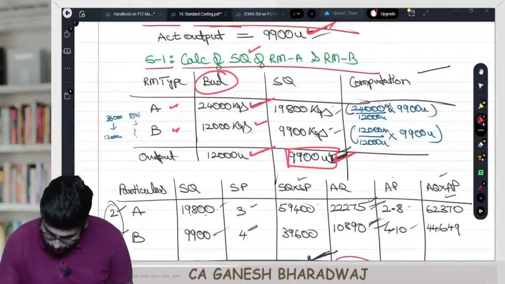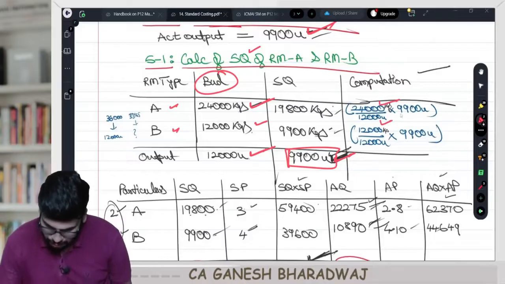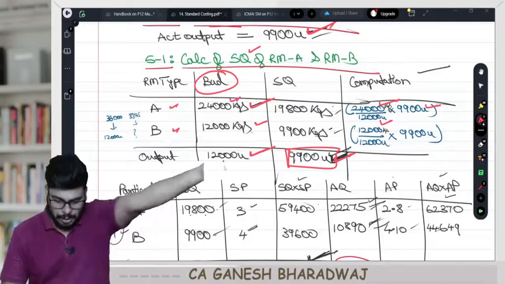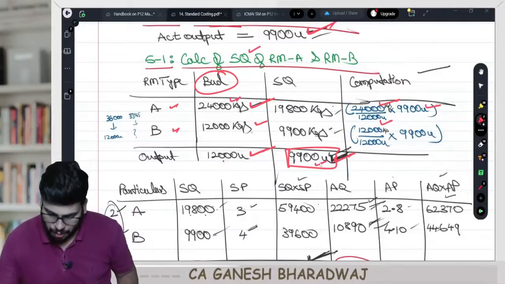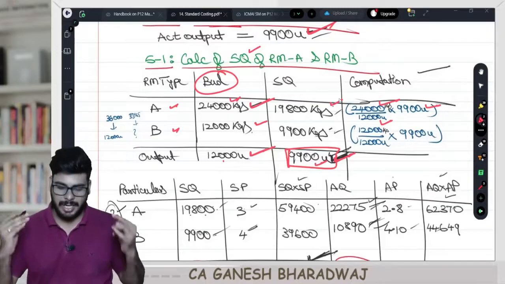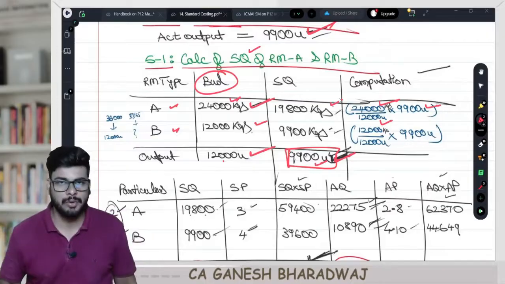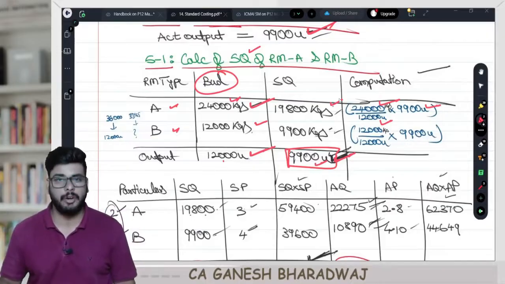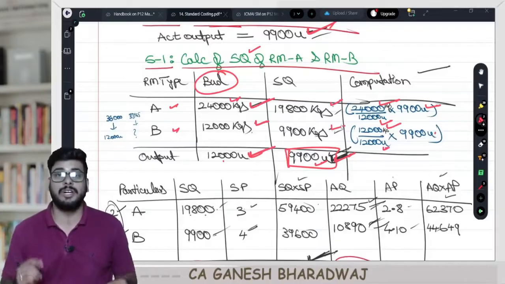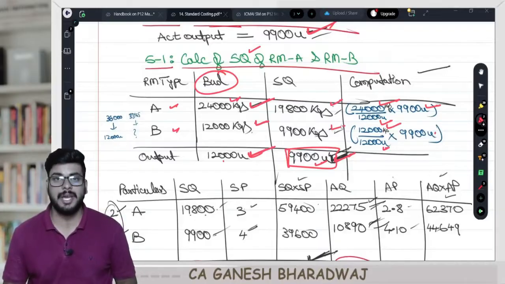So here it's 24,000 divided by 12,000 into 9900. Proportionately, you will get 19,800. You should have consumed 19,800 kgs of A. Similarly, kgs of B, how much is it? 12,000 divided by 12,000 units into 9,900. You get 9,900 kgs of B. Are you clear with this?